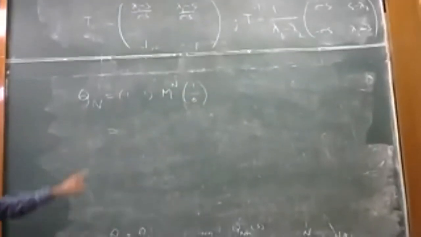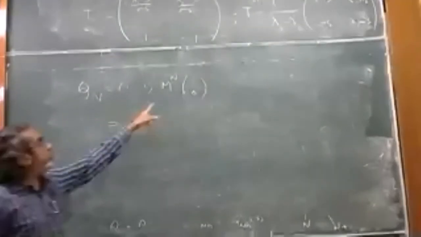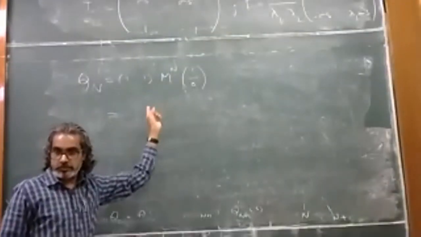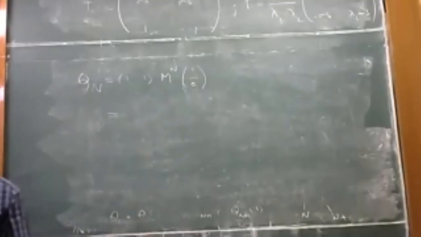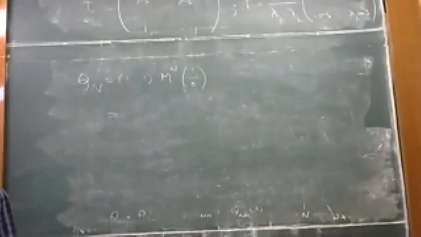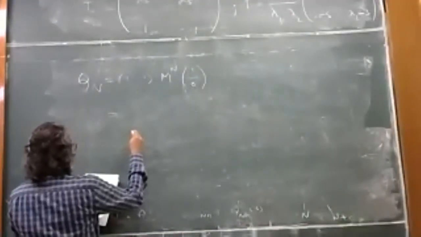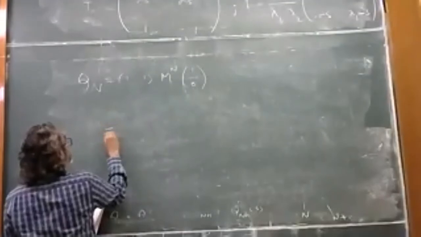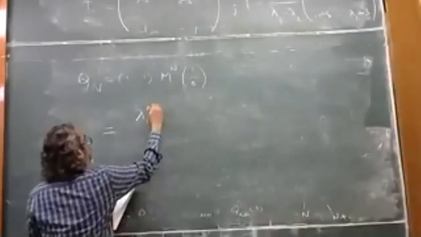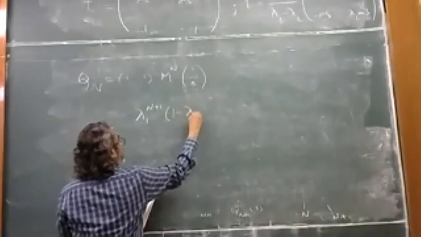Once you know the diagonalized matrix, you have a row matrix and a column matrix. If you multiply, you will get a single term, because Qn is basically a simple expression. That expression looks like this. I'll write it: lambda 1 power n plus 1 minus lambda 2.